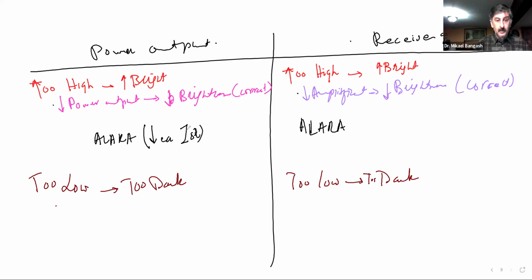Because what did we do? We killed two birds with one stone. We reduced the brightness of the image, and on the other hand also reduced the patient's exposure. Did that make sense?